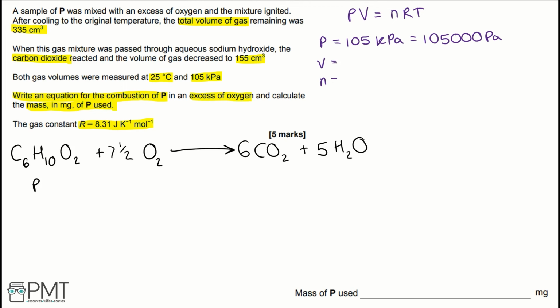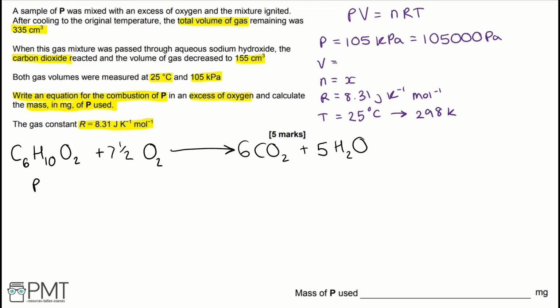N is the number of moles, which is what we want, so that can be x. R, we're given in the question, is 8.31 joules per Kelvin per mole. And then temperature, we need it in Kelvin, but we're given it in degrees Celsius. It's 25 degrees Celsius, which turns into 298 Kelvin.